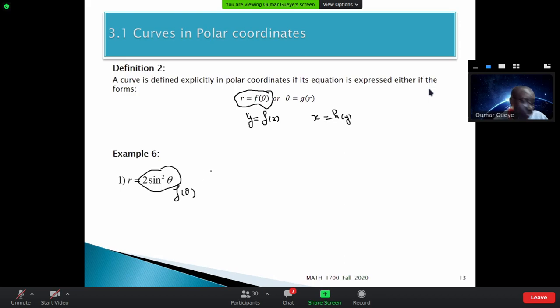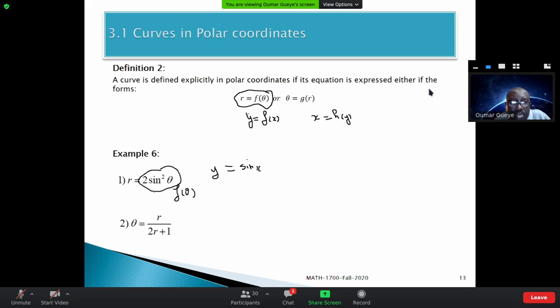It's just similar to when you have, for example, y equal to sine of x. So here y is a function of x. Another notation to represent a polar curve could be theta as a function of r, and the meaning of this notation, theta equal to g of r, is similar to what we have here.